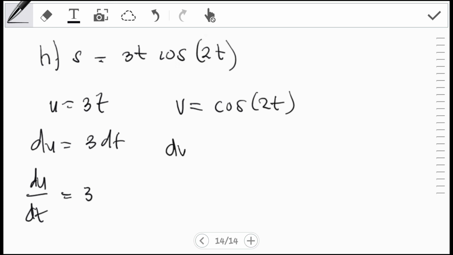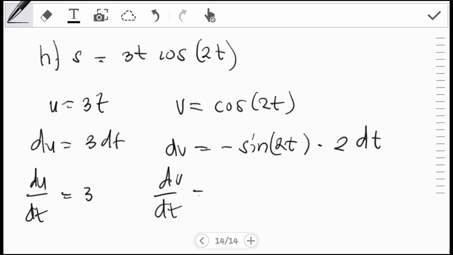Then where dv is equals to negative sine 2t. Okay. So the derivative of 2t, that is 2. So multiply by 2 dt, where dv over dt is equals to negative 2 sine 2t.